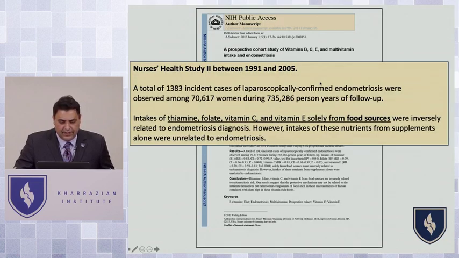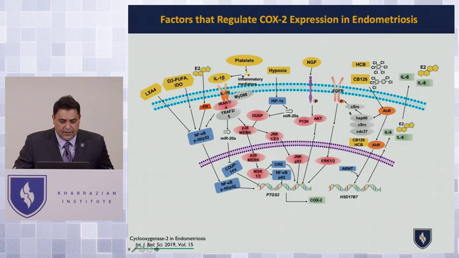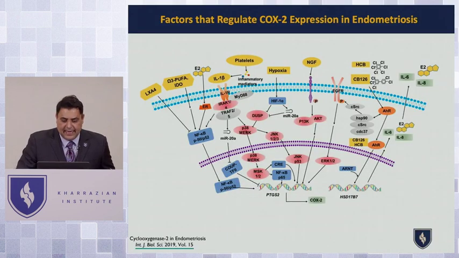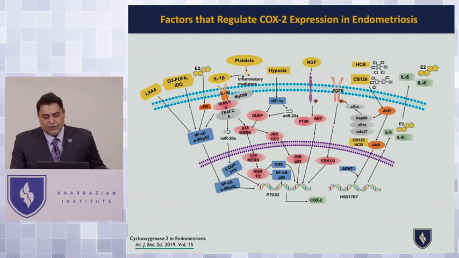Studies have been published, like this Nurses' Health Study between 1991 and 2005, where they looked at cases and found a statistically significant relationship between intakes of thiamine, folate, vitamin C, and vitamin E from food sources and a beneficial effect on endometriosis, or I should say an inverse relationship with developing endometriosis. And when you look at endometriosis, remember that it's peritoneal fluid that's turning on these endometrial cells to develop into endometrial scarring and inflammatory tissue.